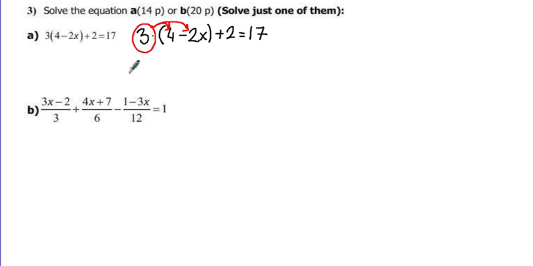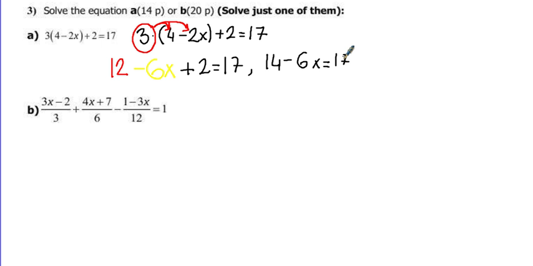I have 3 times 4, which is equal to 12, and I use a different color for the second term. 3 times minus 2x, which is minus 6x, and I continue, plus 2 is equal to 17. On the left hand side we have 12 and 2, which is 14, and I have minus 6x is equal to 17.